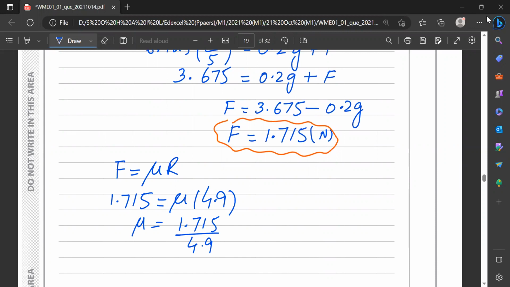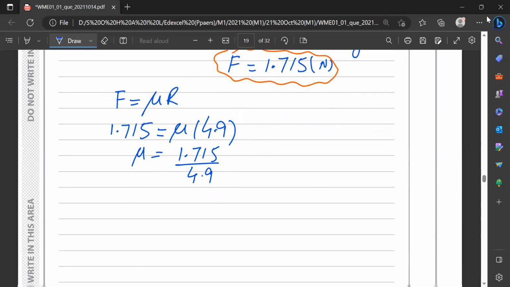You can verify this: 1.715 divided by 4.9 is 0.35. So mu is 0.35, the coefficient of friction in this case.